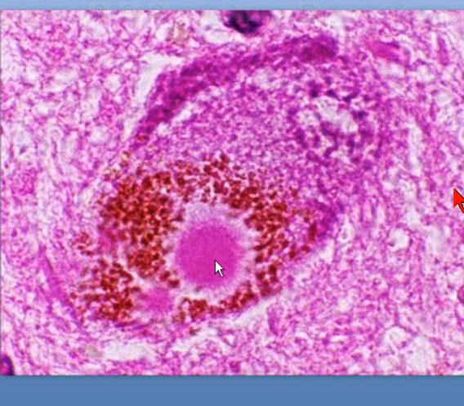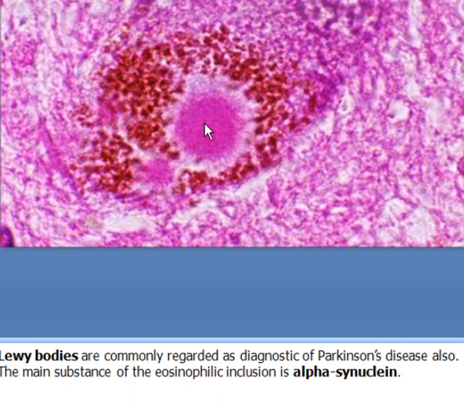It's homogeneous. It's like a protein aggregation. It is a protein aggregation. Well, the name of the protein is alpha-synuclein. So I think you should remember that alpha-synuclein and the reaction to it causing a homogeneous hyaline area inside of a neuron is what is also found in Parkinson's disease.